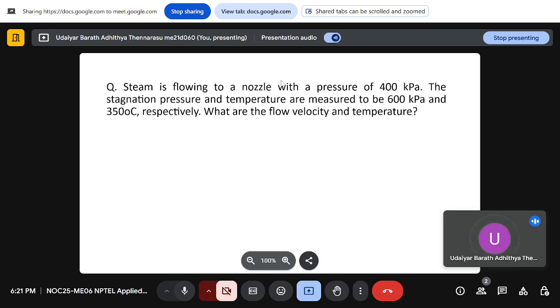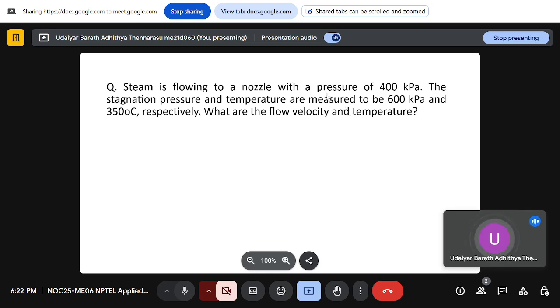So we know both stagnation properties, pressure and temperature, and the pressure of the flow is known. So we need to find out the actual temperature and the flow velocity.